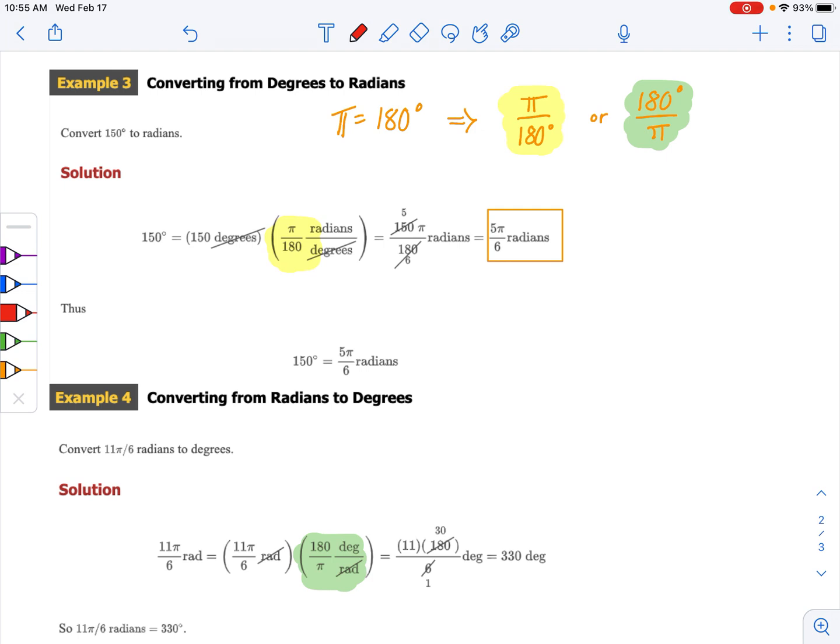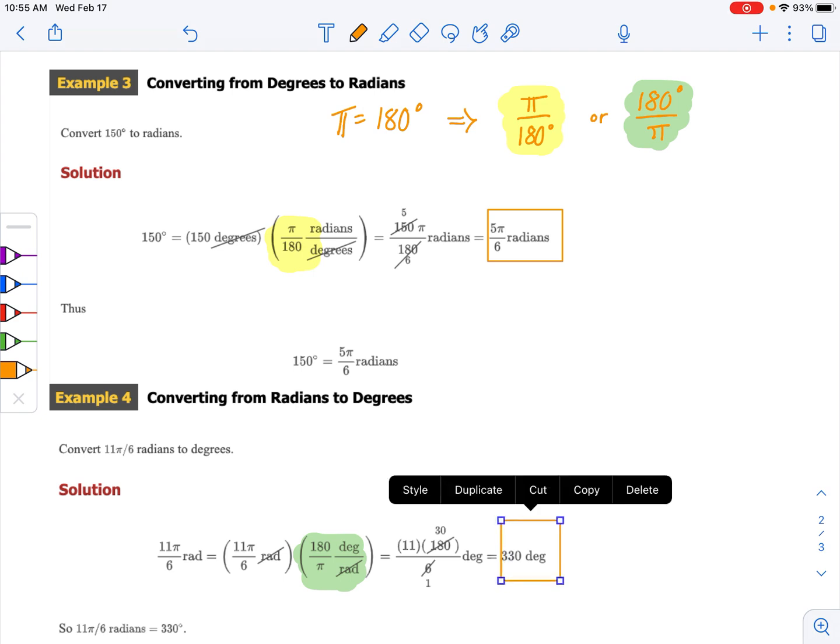Radian and pi have to go away. Doing so, you're left with just degree. You'll multiply straight across and simplify, leaving this as your final answer in degree, 330 degrees. Oops, sorry.